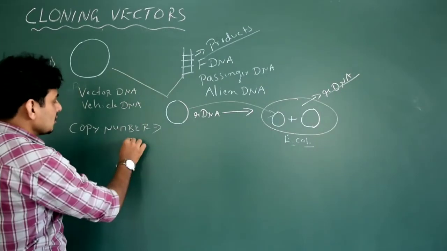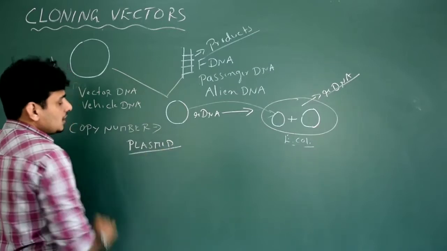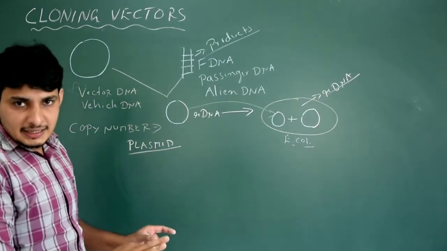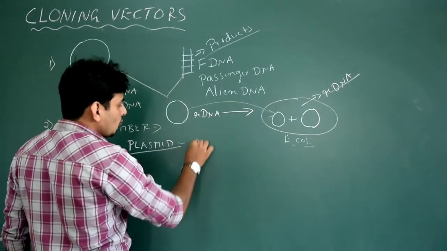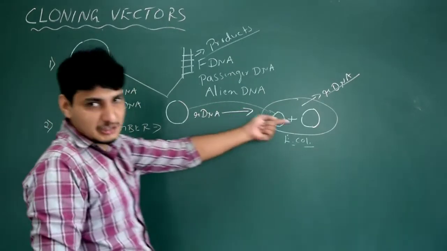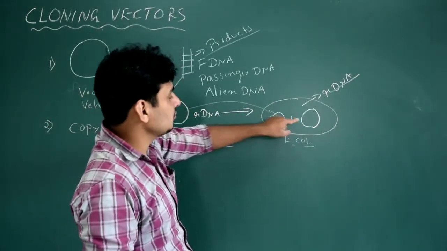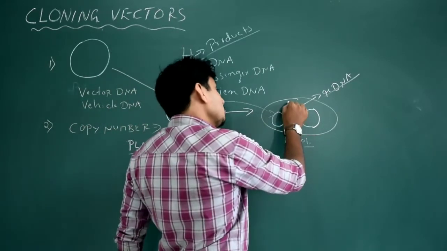If you take a specific cloning vector, that is plasmid. Plasmid is a naturally occurring extrachromosomal DNA in the bacterium. This plasmid can produce one or two maximum, minimum obviously one, that is introduced. Because of the division it will produce one more copy, and it can produce one more.